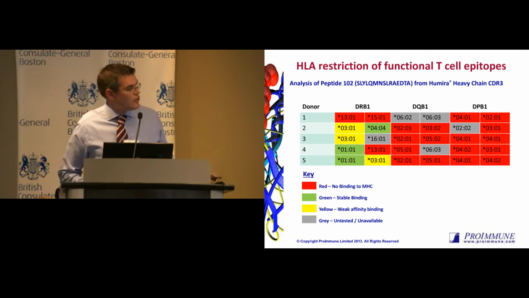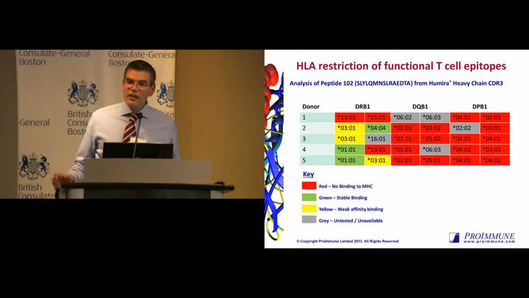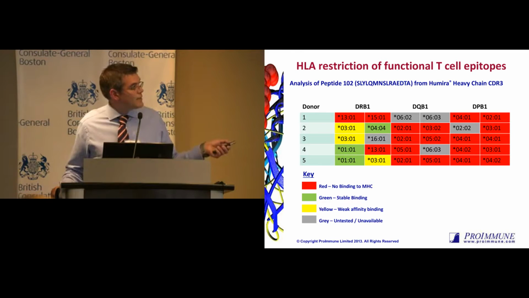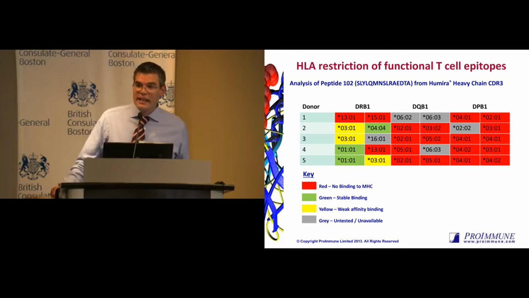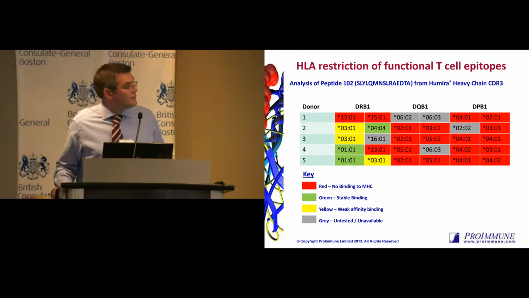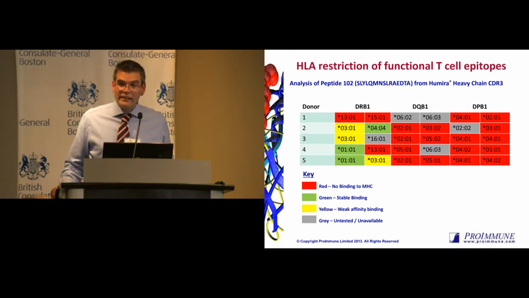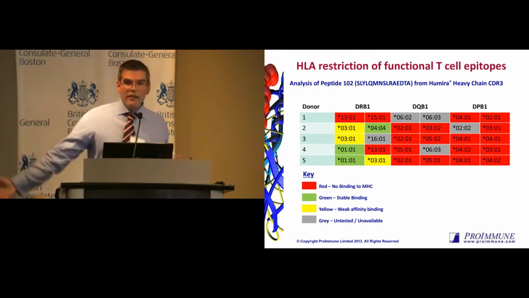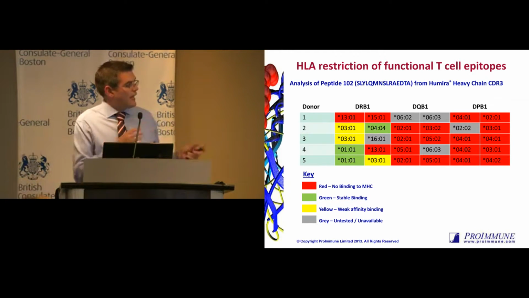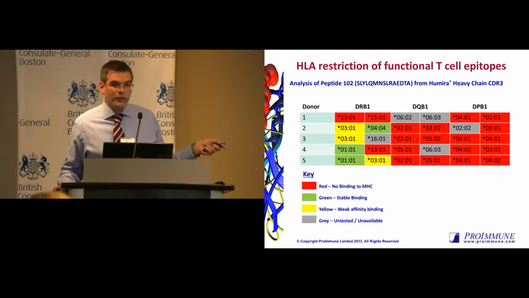Now the colour codes, the traffic lights, relate to the strength of binding of this particular peptide as determined in the binding assay and stability assay against those specific alleles. So we actually screened a very large panel of alleles, but I'm just zooming in here on the functional responses that we were measuring in the donors. And we can see from this that actually the strongest binding was observed in DR0404, 0101 and 0301.